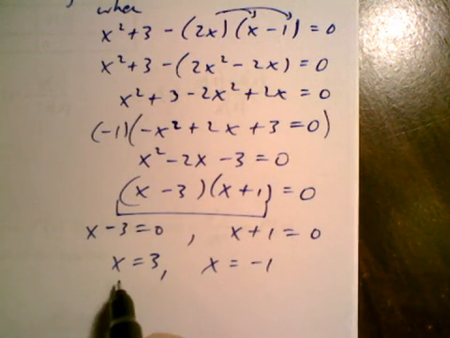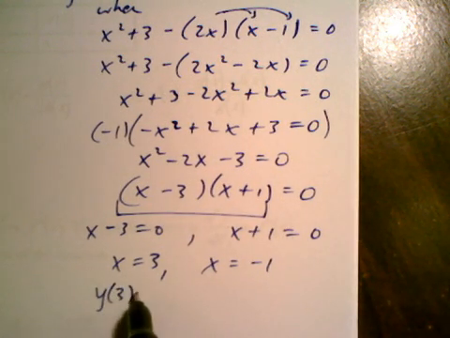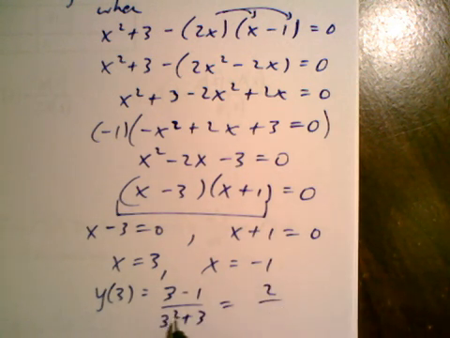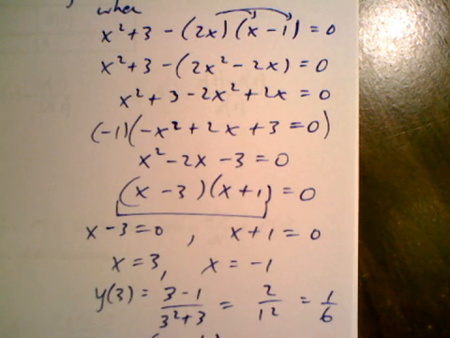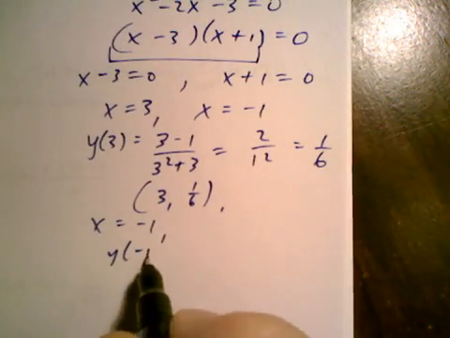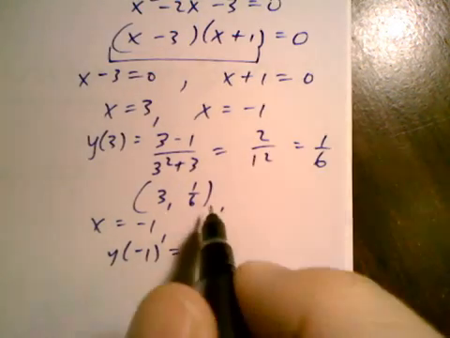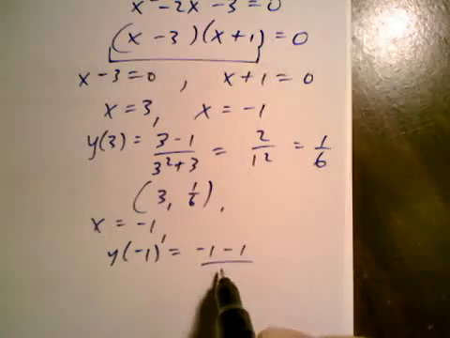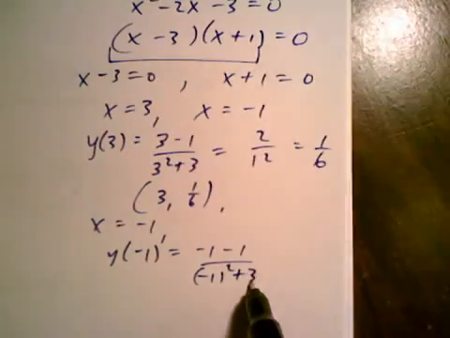And I guess we could figure out what y of 3 is. Y of 3 is 3 minus 1 over 3 squared plus 3, or 2 over 9 plus 3, which is 12, or 1/6. So we have the point 3, 1/6. And also, when x equals negative 1, y of negative 1 is negative 1 minus 1 over negative 1 squared plus 3.